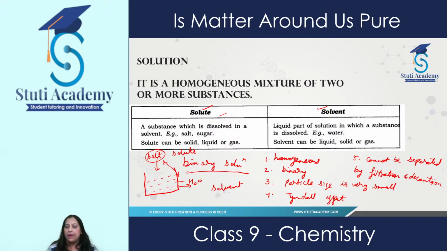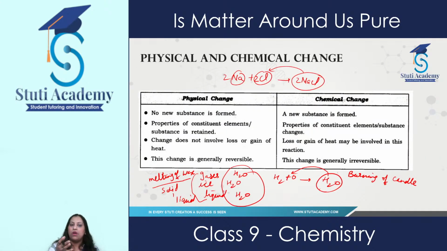Like they are homogeneous, binary, the particle size is very small, they show Tyndall effect, they cannot be separated by filtration, decantation. So these are the properties of a solution. I've already discussed physical and chemical changes, how physical changes are different from chemical. So I hope till here it's clear.